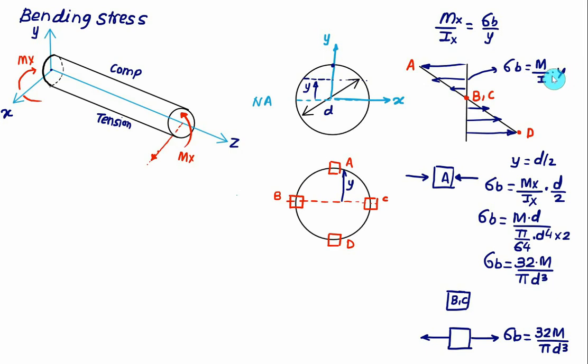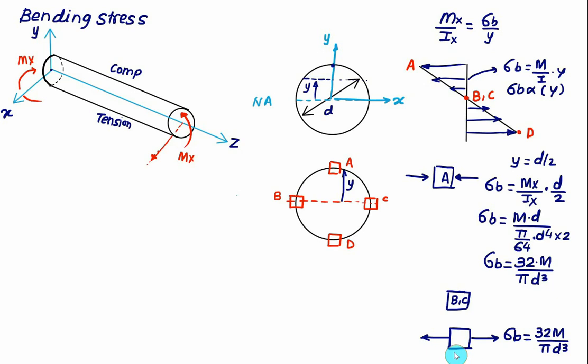So our distribution is linear, and the stress is proportional to the distance of the fiber from the neutral axis, and it is the maximum if the fiber is farthest away from the neutral axis. So tensile and compressive stresses are axial stresses. Even the stress produced due to bending moment is an axial stress.